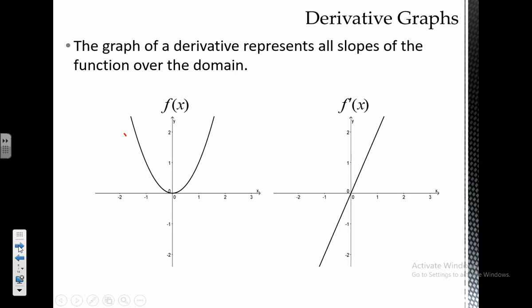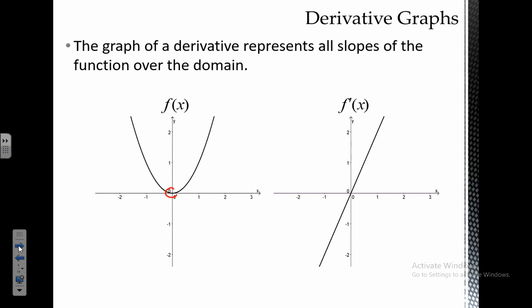Here is one that we already saw. This is the one that we talked about. We are decreasing from negative infinity until 0, which means we're going to have negative derivatives. You see that we have y values below the x-axis for our derivatives because we have negative derivatives.